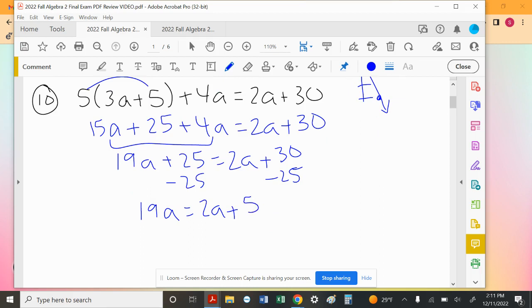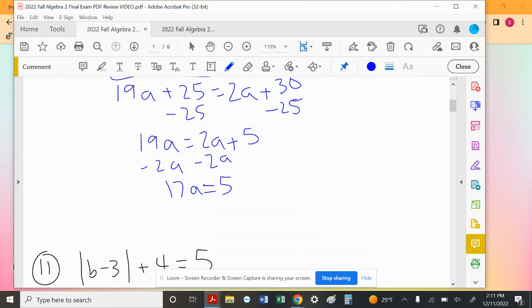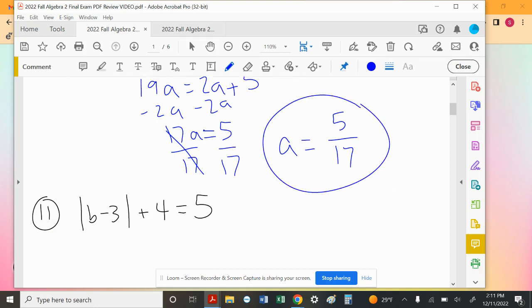And my final step, subtract 2a from both sides. So I get 17a equals 5. And now I divide both sides by 17. So a equals 5 over 17. And that would be my answer there.